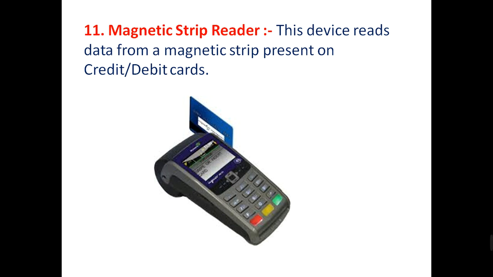So it has a black rectangular magnetic strip in which our bank account details are stored by default, and that card is scanned by the magnetic strip reader, so that we can do transaction using this credit or debit card. So this reader device is also an input device which takes input from this card.